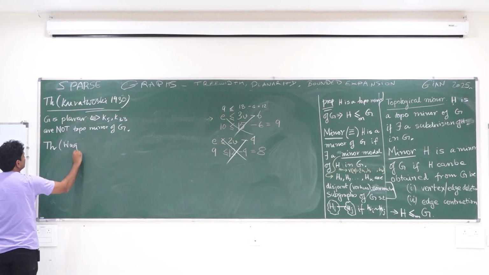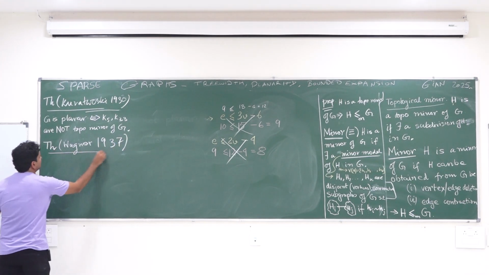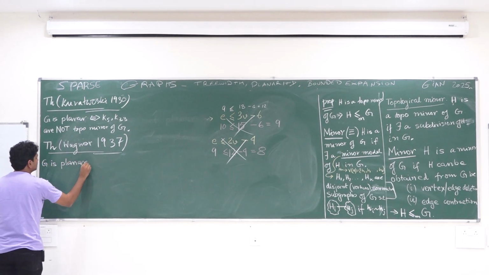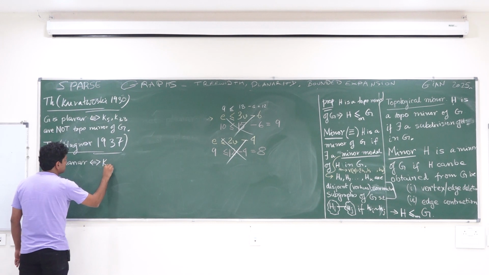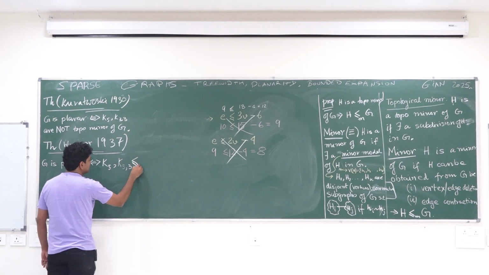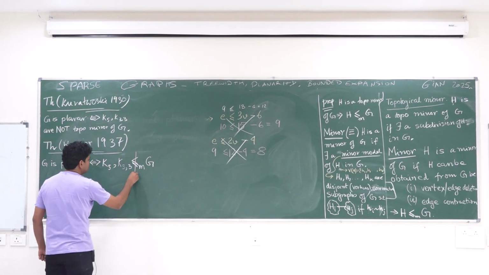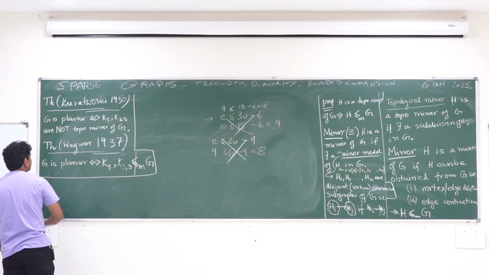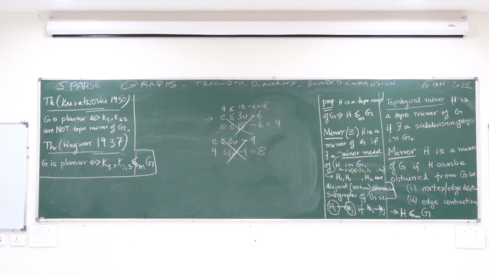Okay? But then a few years later, Wagner extended it. G is planar if and only if K5 and K33 are not minors of G. And in fact, what Wagner said is that in this case both theorems are equivalent.